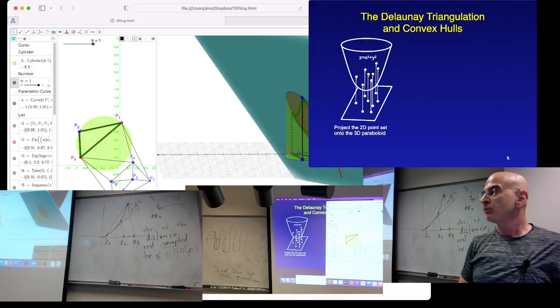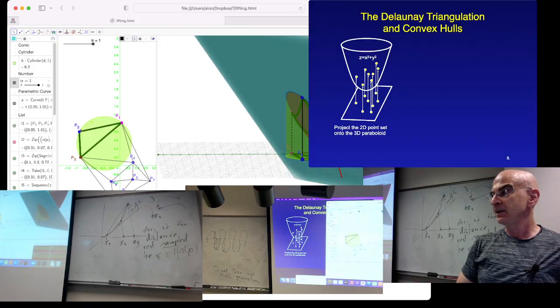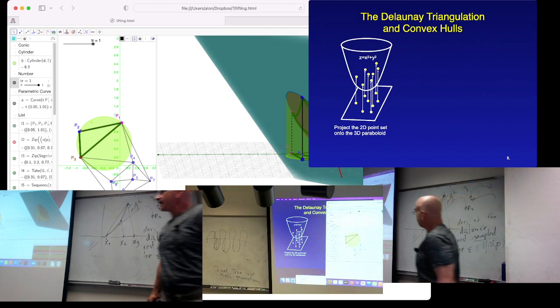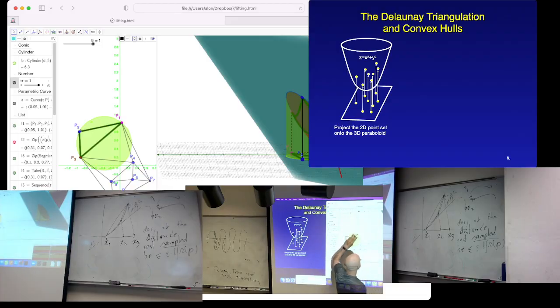So that was a proof, in quotes, that when I'm going to 3D, every empty circle, namely every circle of the Delaunay triangulation, will correspond to what? A face of the convex hull.